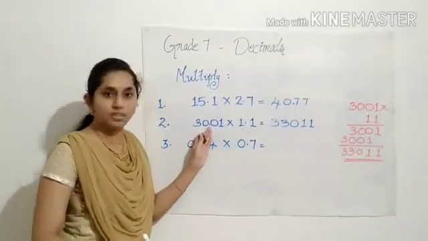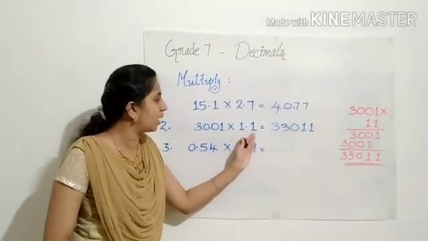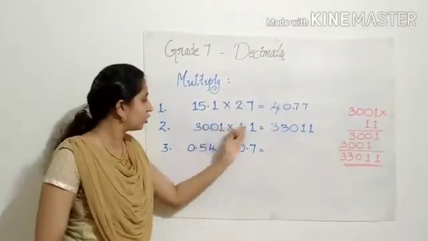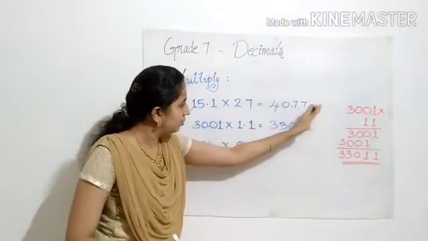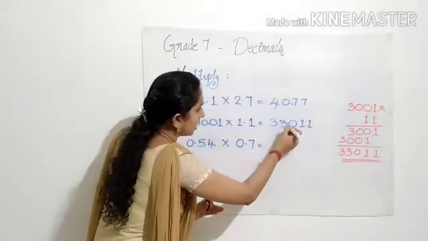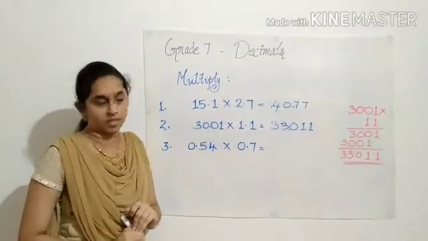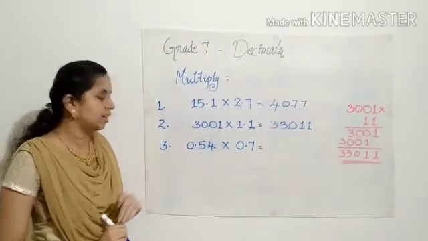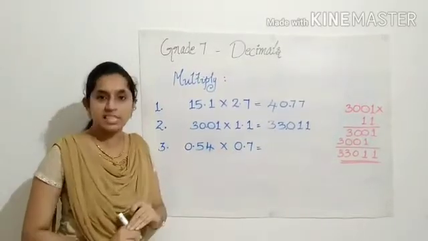Here after the dot you can see 2 places. Here you can see 1 place after the dot. So totally 3 decimal places. So from backward please jump 3 places. It reaches here. That means 33.011.